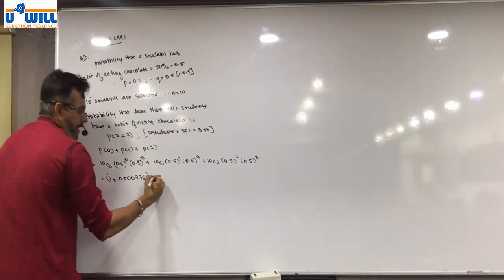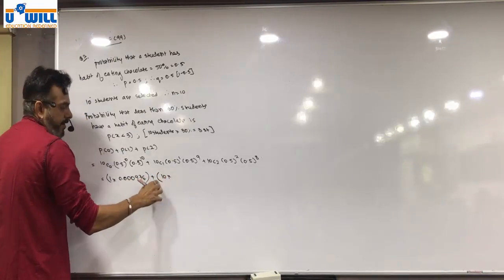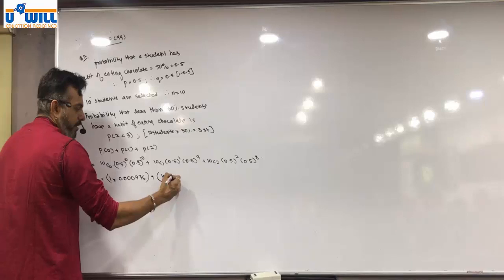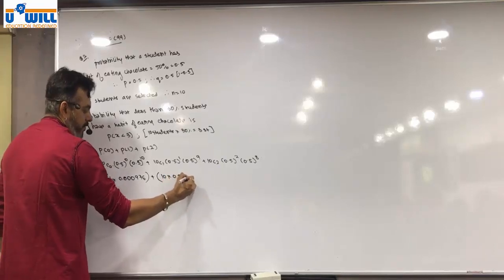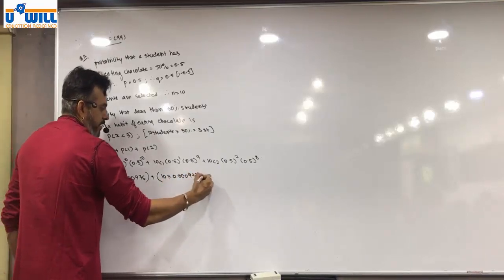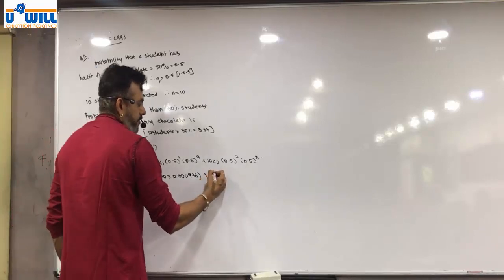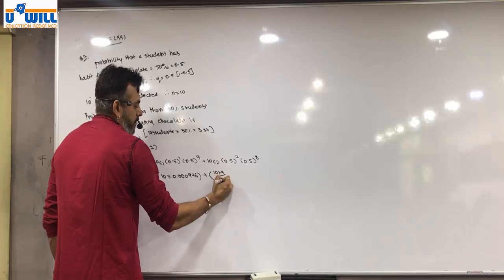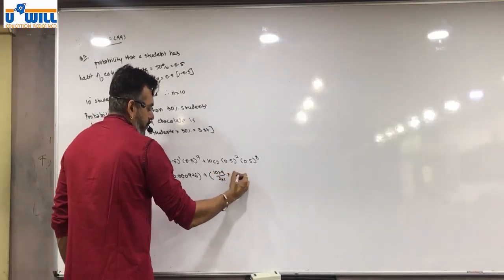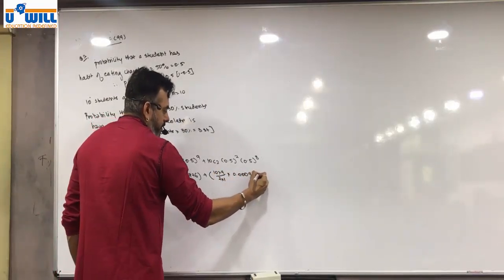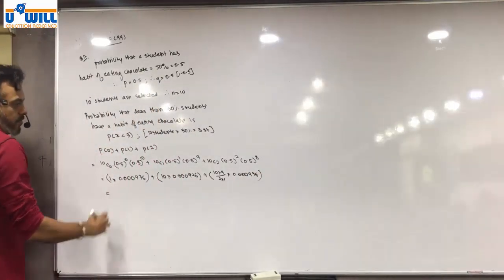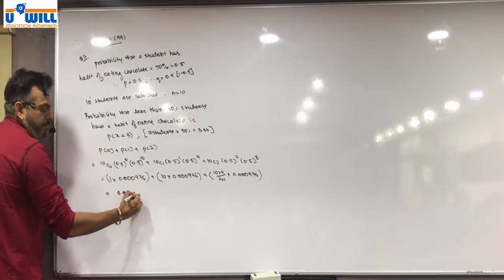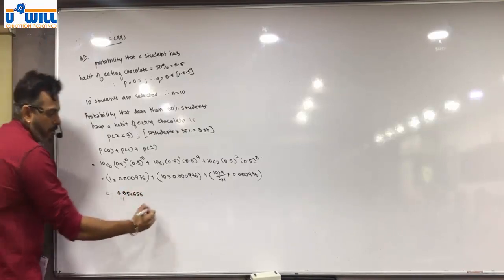Now plus 10C1 is 10 into this. When you multiply this, it is 0.5 raised to 10 only into 0.000976, plus 10C2 is 10 into 9 upon 2 into 1, 45 into 0.000976, which is equal to 0.05656.